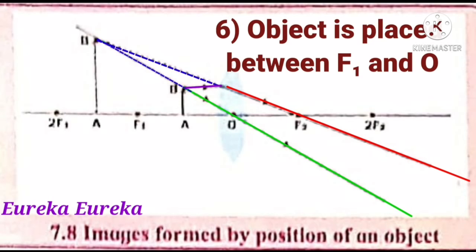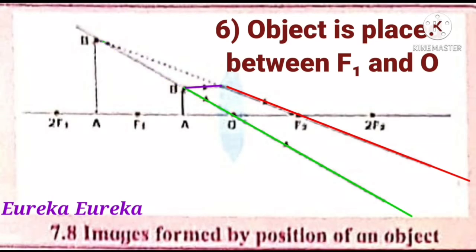And when these two rays, that is the refracted ray and the ray of light passing through the optical center, are extended on the same side of the object, it is observed that these two rays appear to come from the point B dash on the same side of the object.